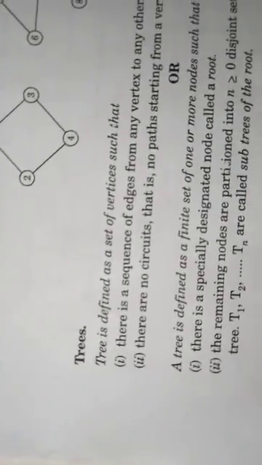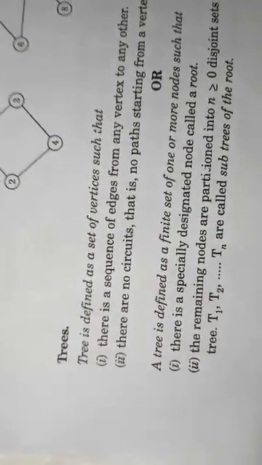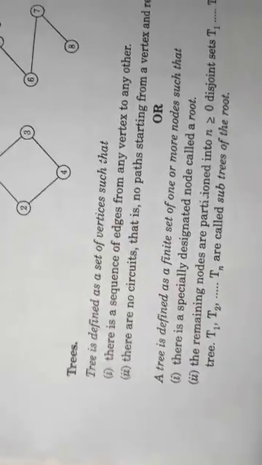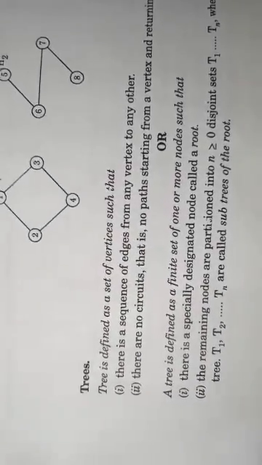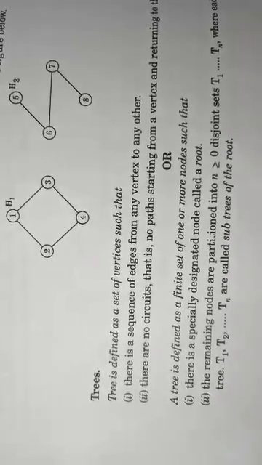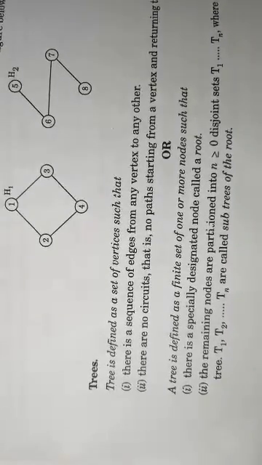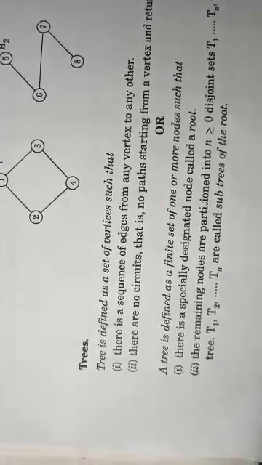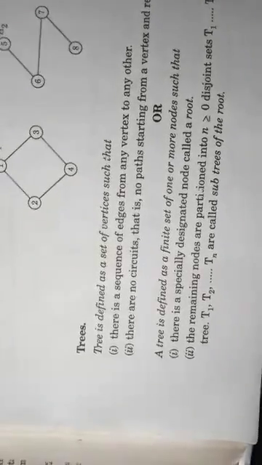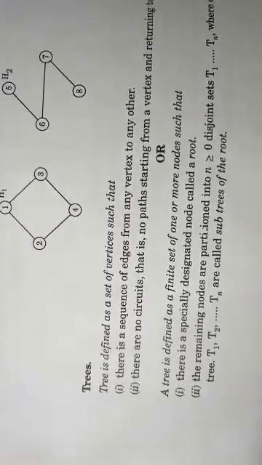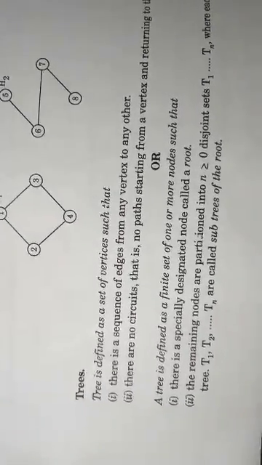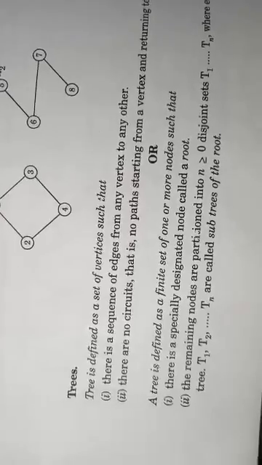Tree is also there. A tree is defined as a set of vertices such that there is a sequence of edges from any vertex to any other.